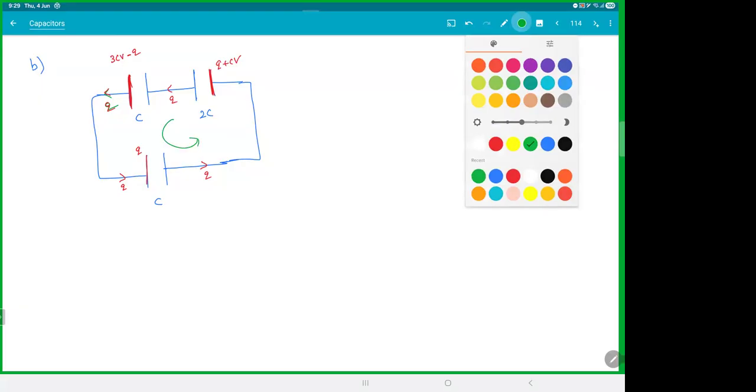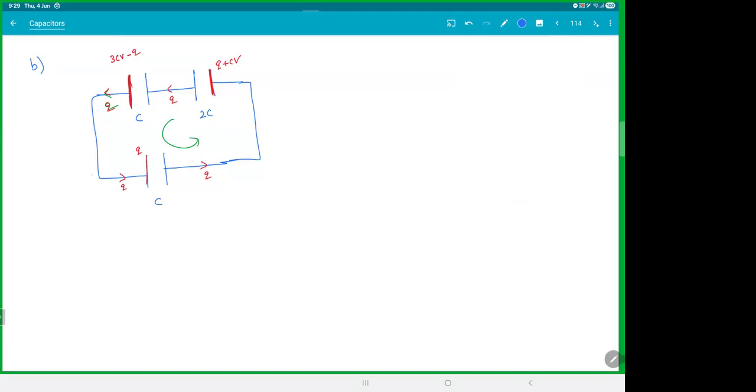So apply Kirchhoff's loop law. Start from anywhere. I'll start from here. I am going from positive to negative plate, minus Q by C. How do I know that is positive? I don't know. The science will take care of itself, so we will know. So you can assume anything is positive. Again, I'm going from positive, Q plus CV by 2C. Then I'm going from negative to positive plate. So 3CV minus Q by C equal to 0.